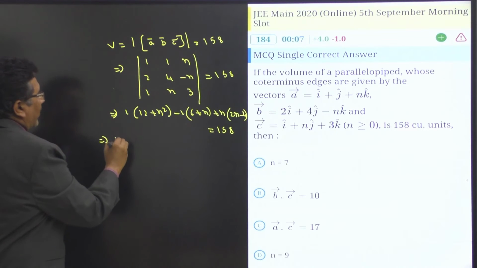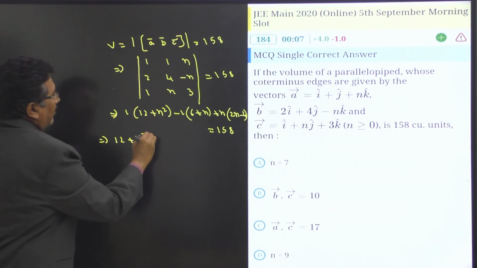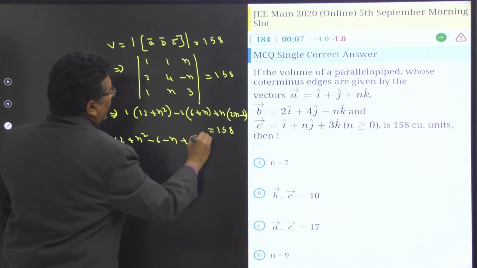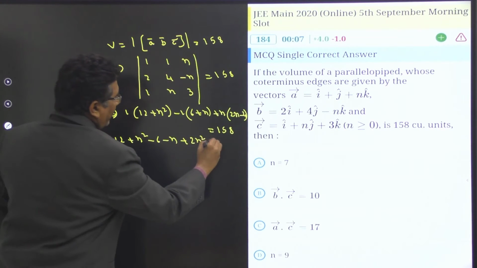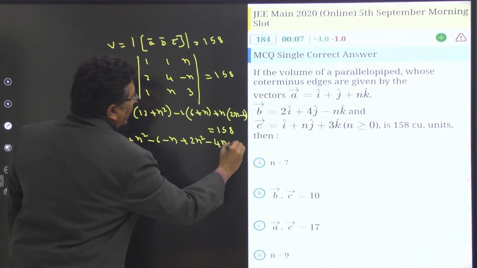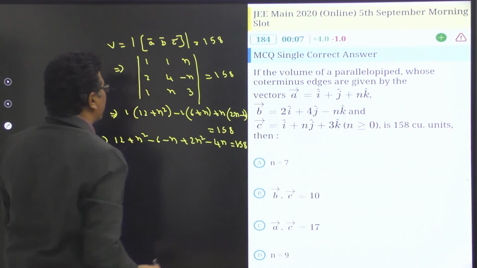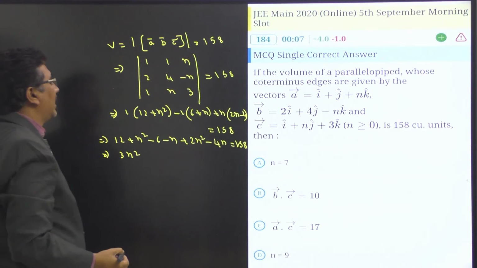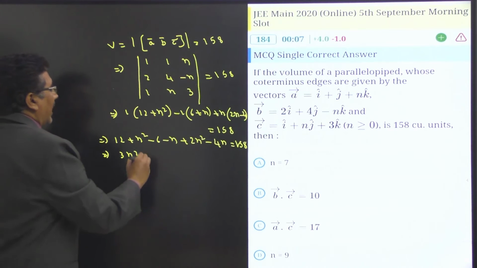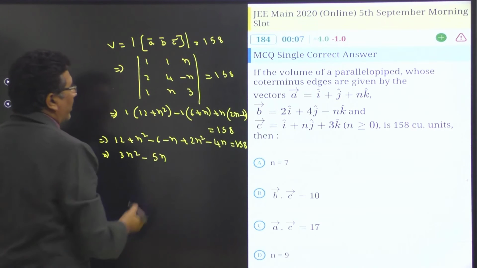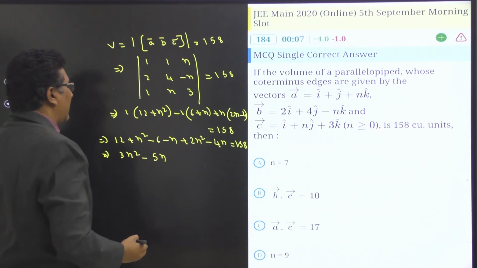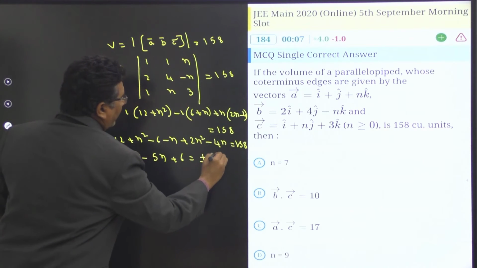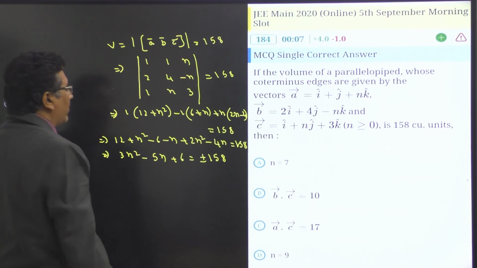That implies 12 plus n square minus 6 minus n plus 2n square minus 4n is equal to plus or minus 158.